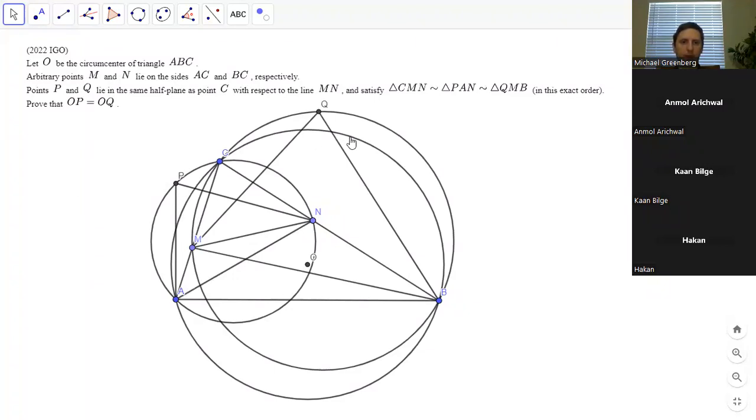So, that's the same as saying that P and Q have the same power with respect to this circle, right?